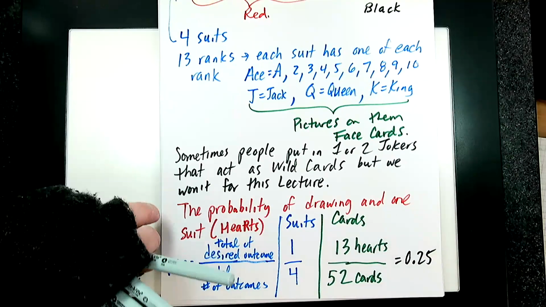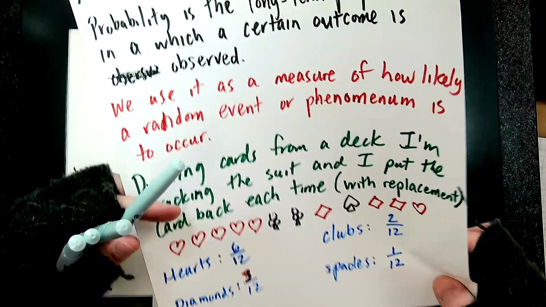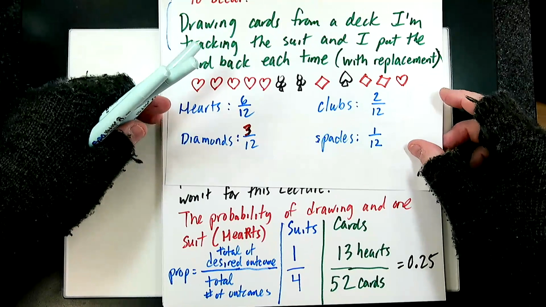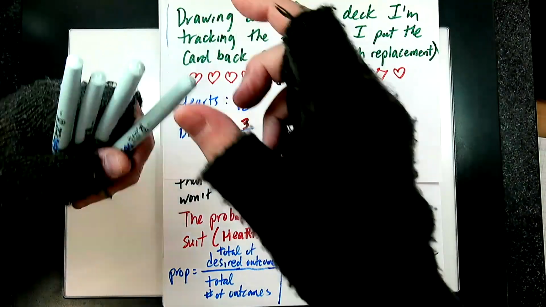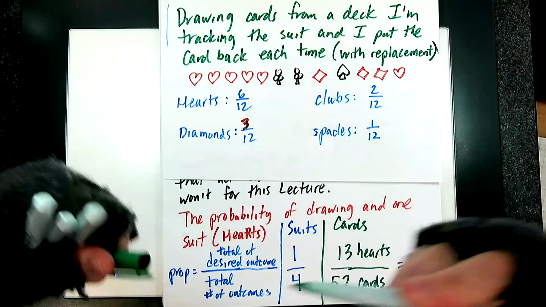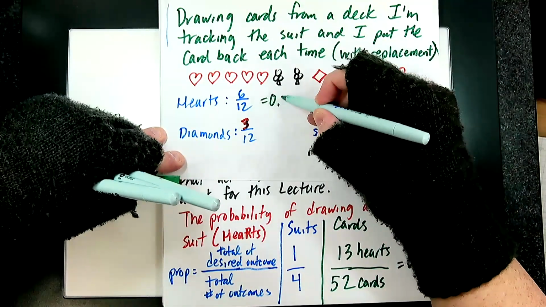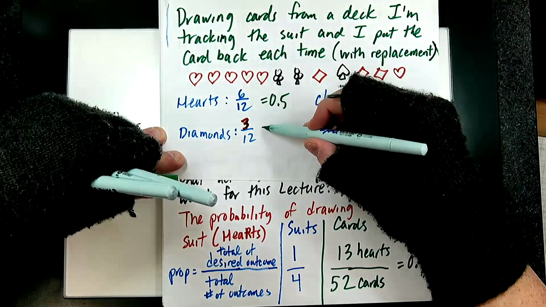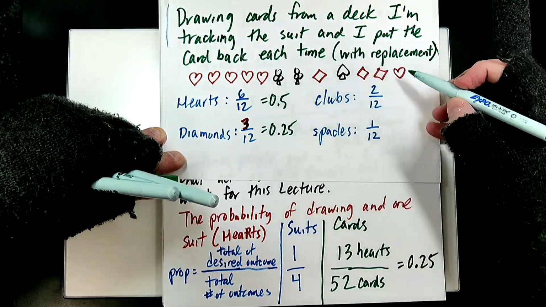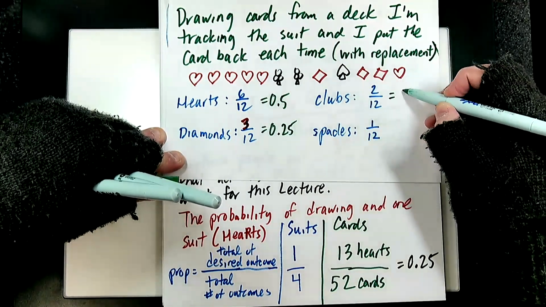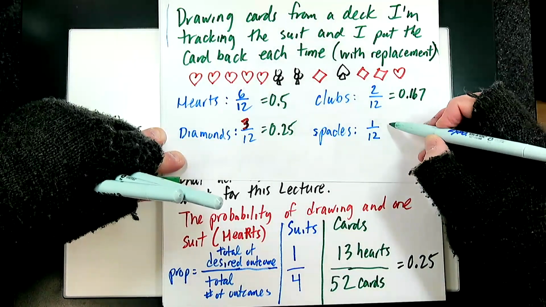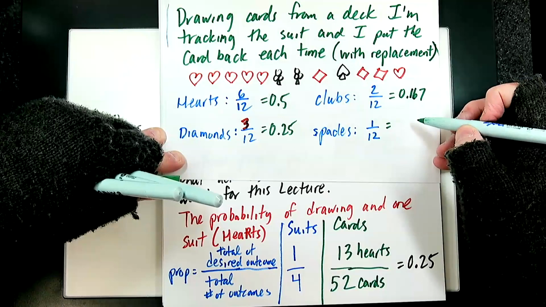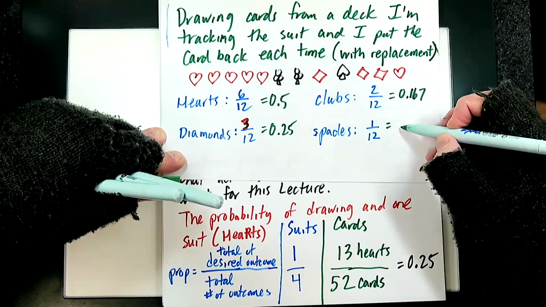Notice the probabilities I have here, one of them is 1/4. This 6/12 is 0.5. The diamonds is 0.25. Clubs is 1/6, which is about 0.1767. 0.084.